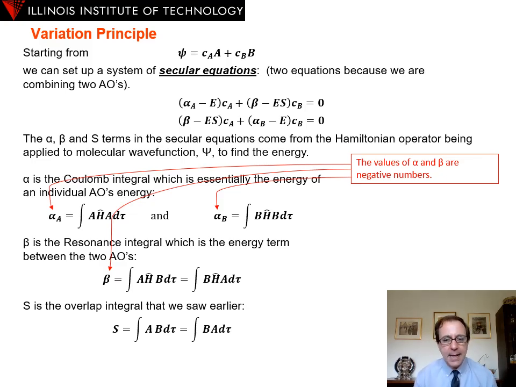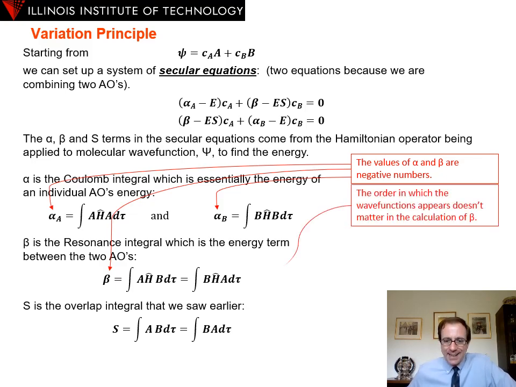That's important to keep in mind because when we look at how the molecular orbitals change, whether they go up or down, we have to keep in mind that when we add beta to something, we're lowering its energy because beta is a negative number. It's a little confusing later on, so I'll come back to that. So those numbers, alpha and beta, are negative.